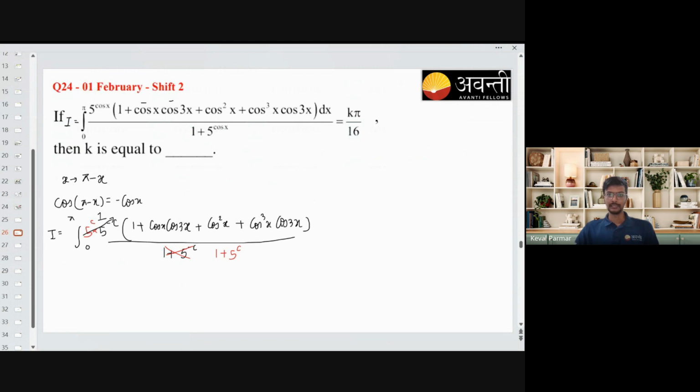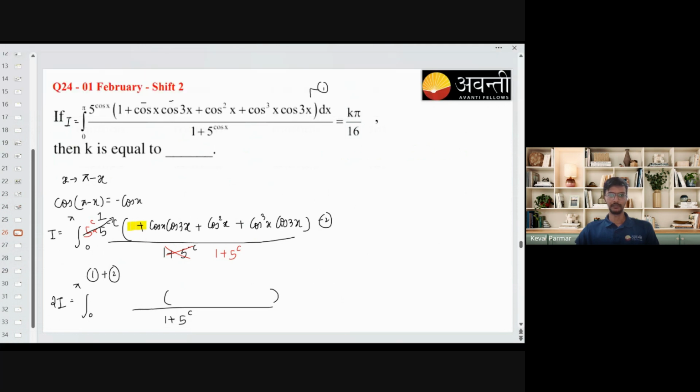Now, let this be equation number 1 and this be equation number 2. If we add 1 plus 2, we'll get 2I equals integration 0 to pi. Please remember, in the denominator it is the same, 1 plus 5 raised to the power cos x. This bracket will be taken common.